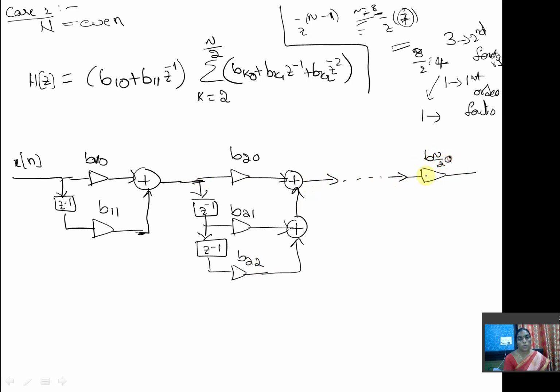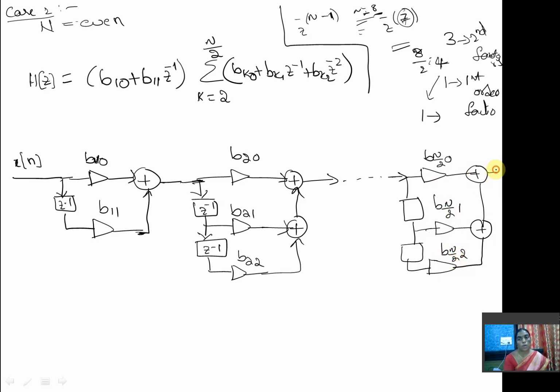B n by 2, 0. B n by 2, 1. B n by 2, 2. Here y of n.